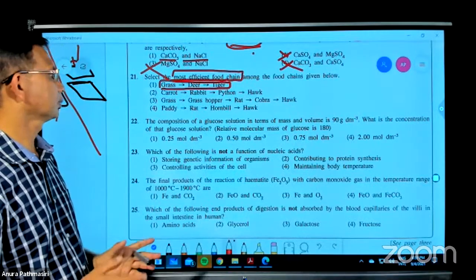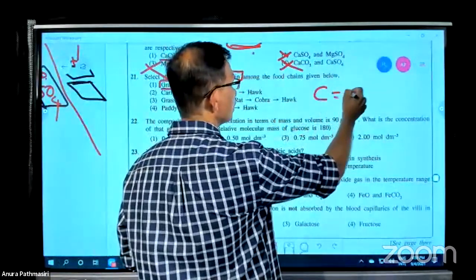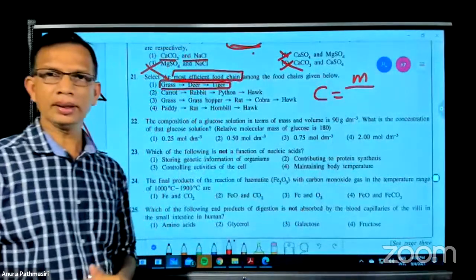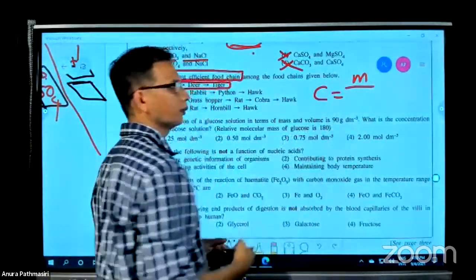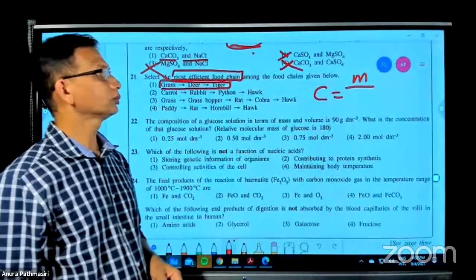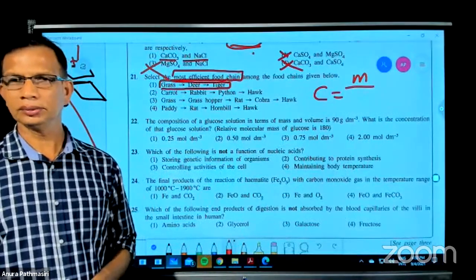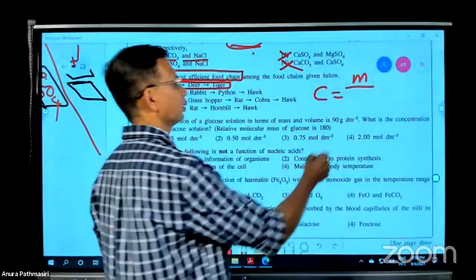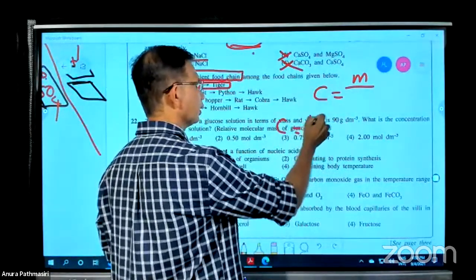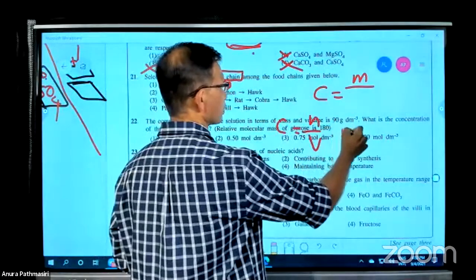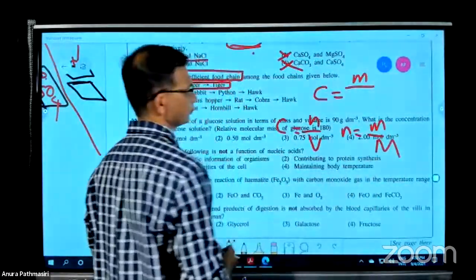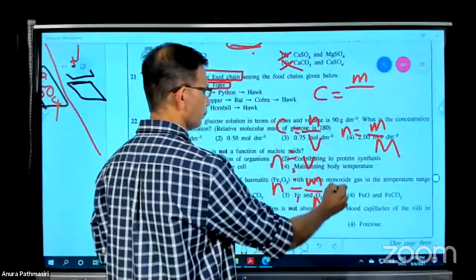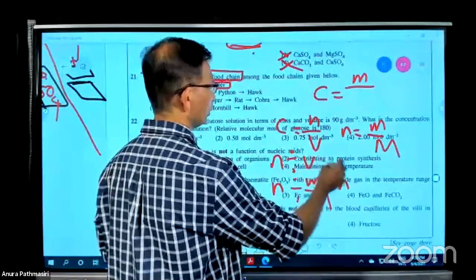Then we know that C equals n over V, whereas n equals small m over capital M. Then n divided by V, n is small m over capital M. Sorry, I just made a mistake.